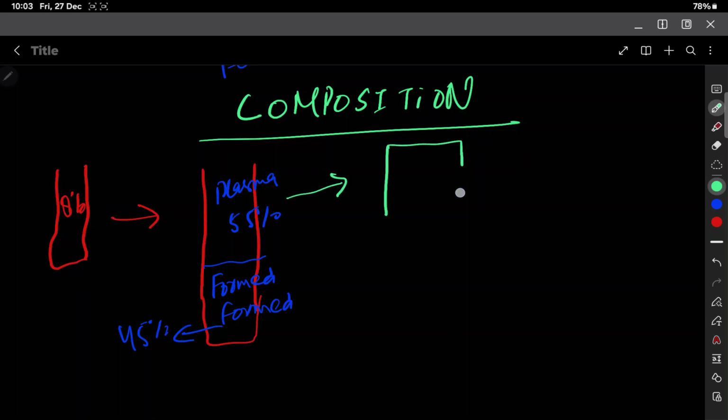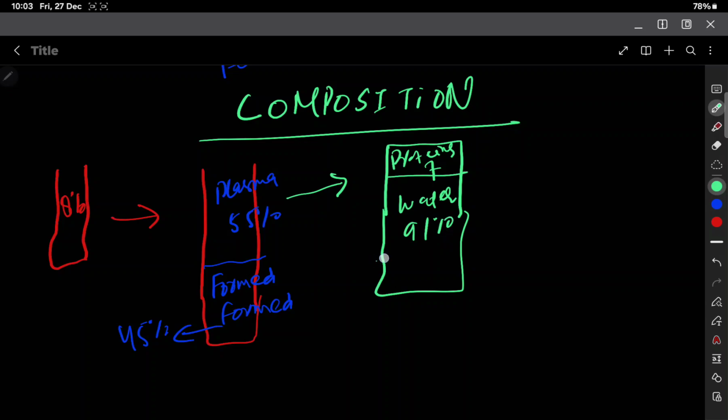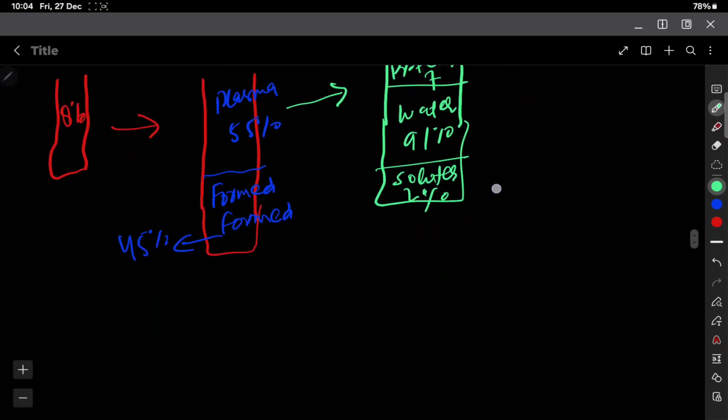Plasma has proteins, 7%. It contains mainly water, which is 91%, and other solutes, 2%. This is the composition by weight.